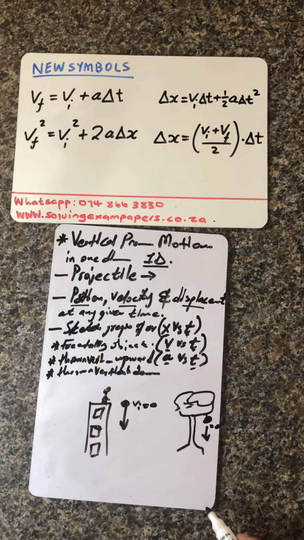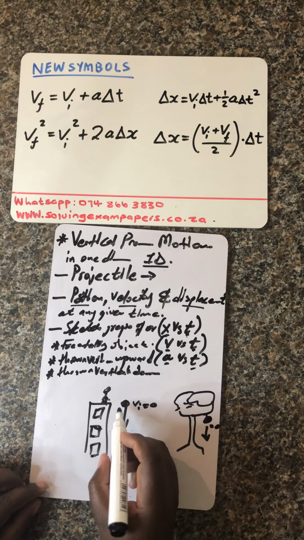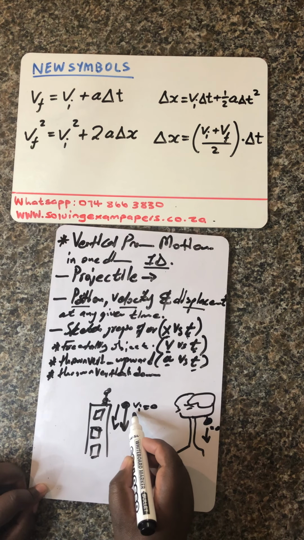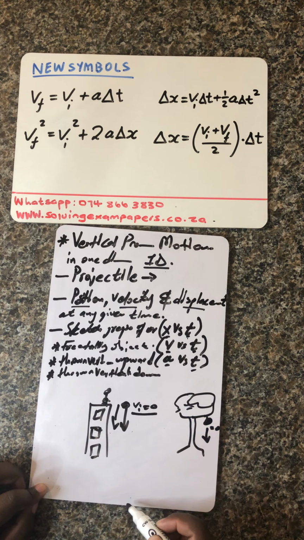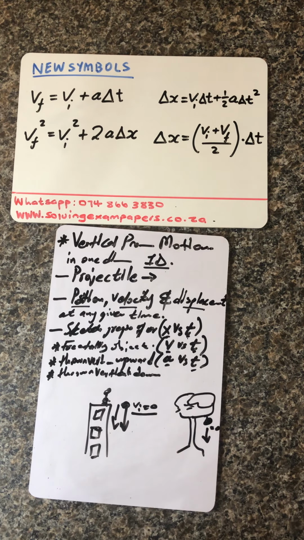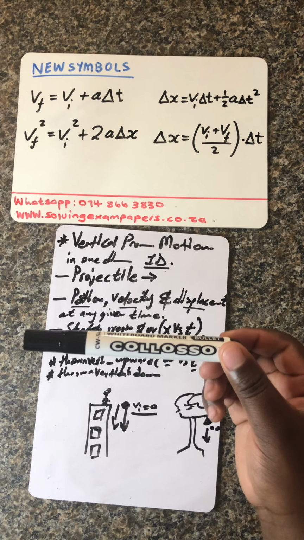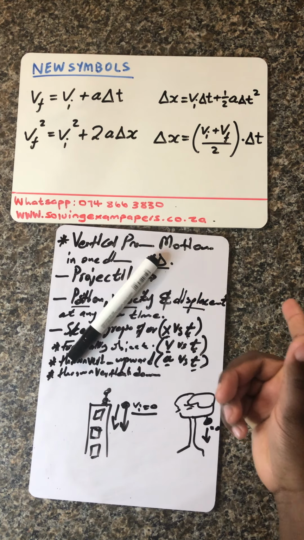Okay, so how does that compare to an object which is thrown vertically downwards? Ladies and gentlemen, you throw it downwards, so that means it starts at a certain speed. Unlike, for example, this object that I'm just going to release. Can you see?